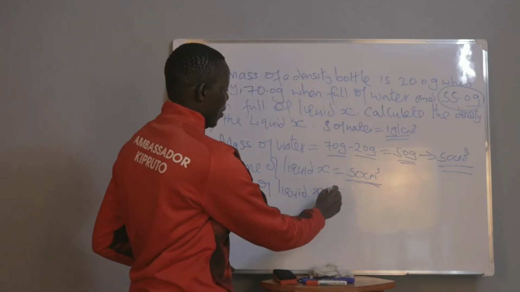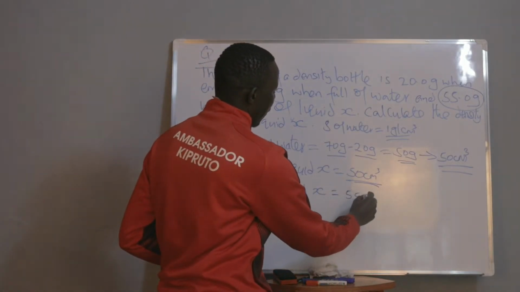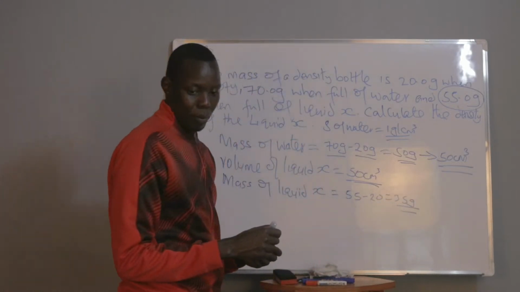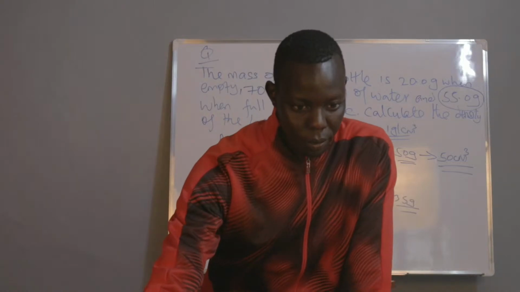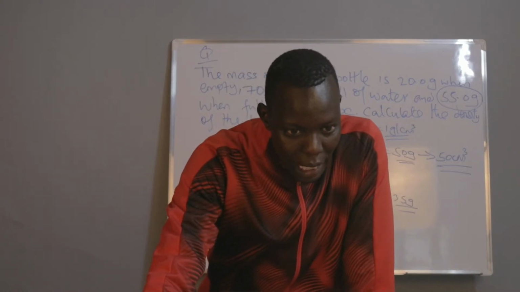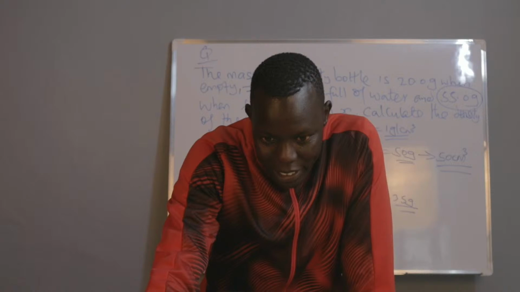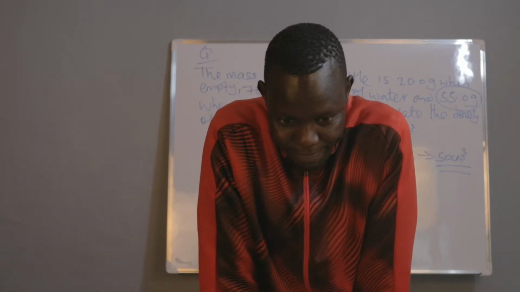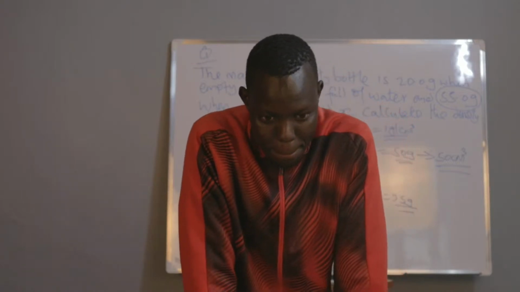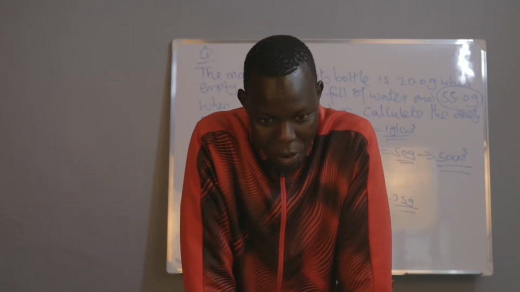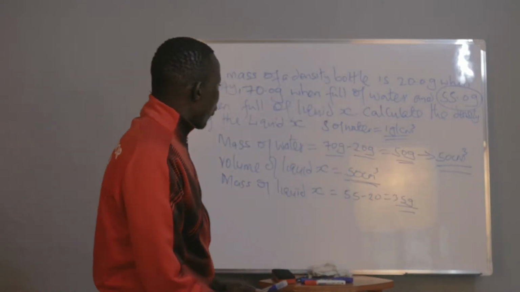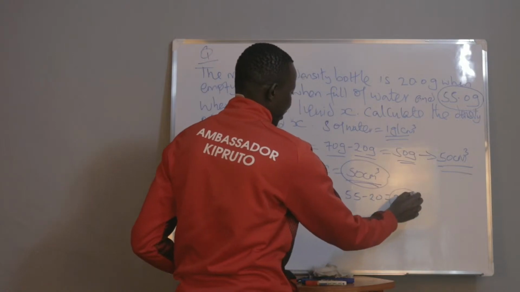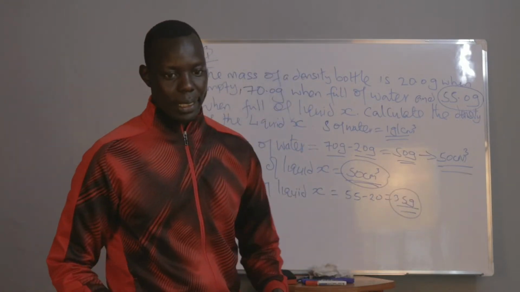Very simple. 55 minus 20, you get 35 grams. Up to that point, are we together? Where is my good friend Michelle Mukai? Yes. Okay, good. Now, if we have the volume of liquid X and we have the mass of liquid X, can we get the density of liquid X?